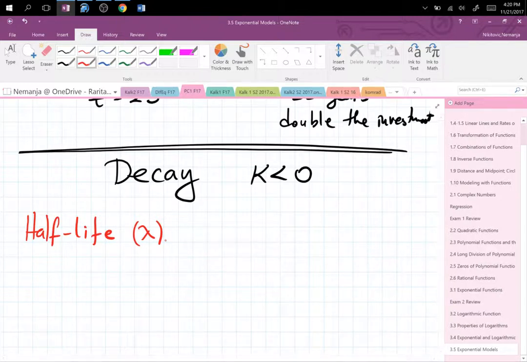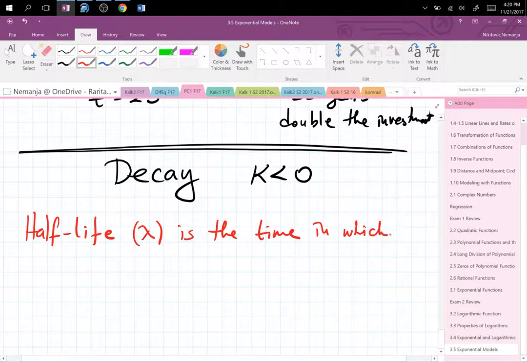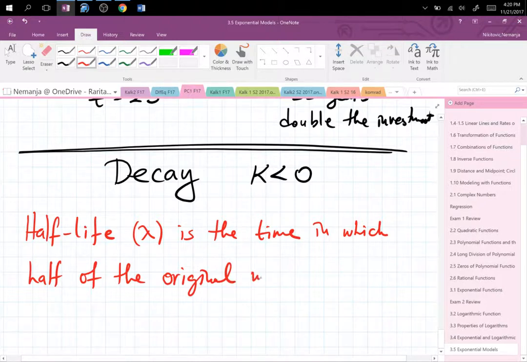I'm just kidding. So half-life is the time in which half of the original mass is lost.